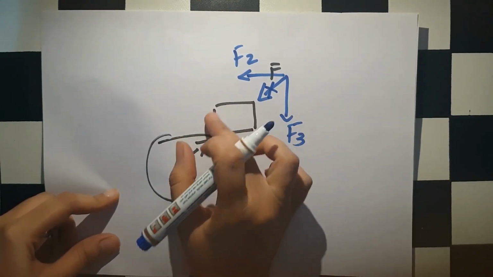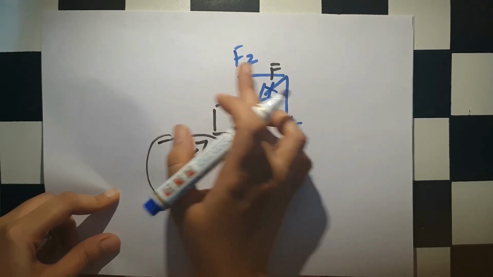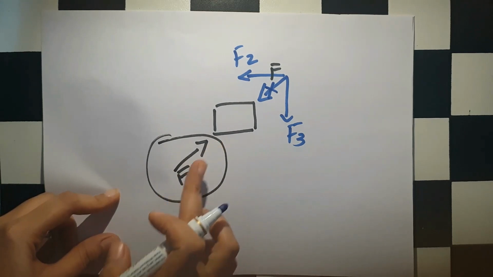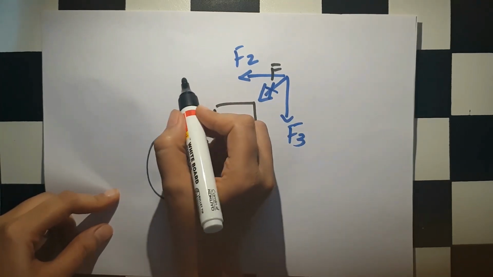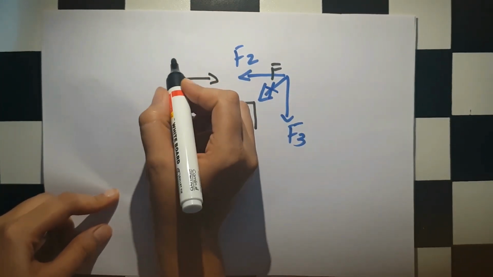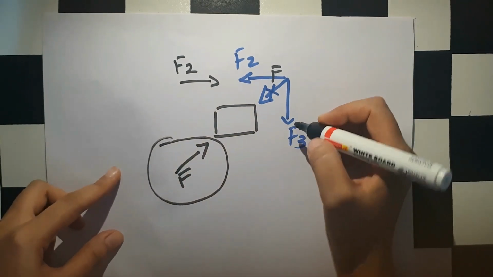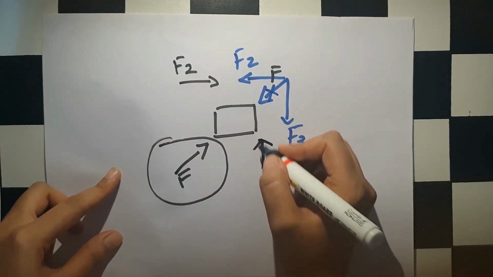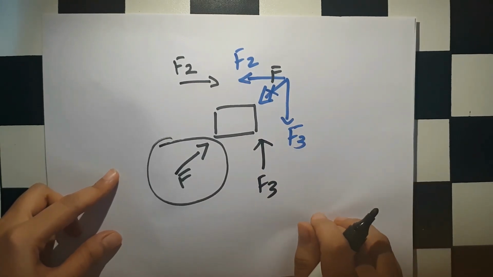Now you have to constrain this motion. So instead of applying an equal and opposite force to F, you can apply an equal and opposite force to this F2 in the horizontal direction, and an equal and opposite force here for this F3.